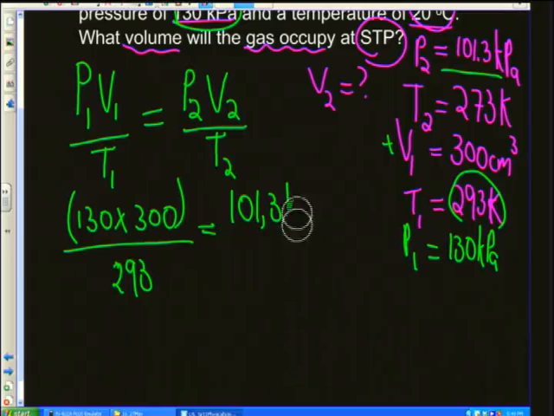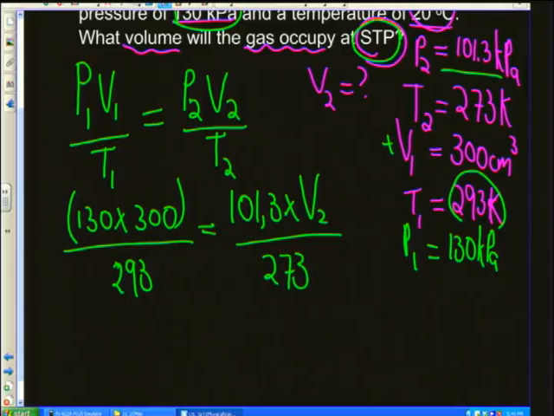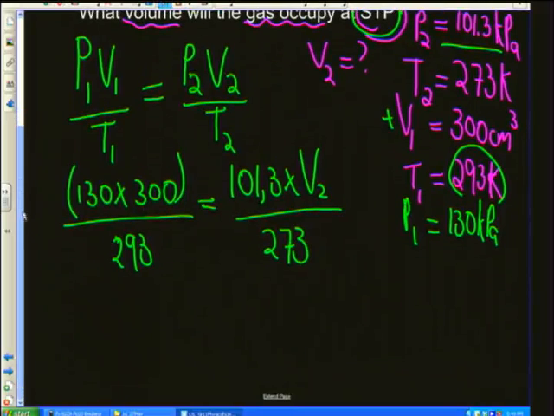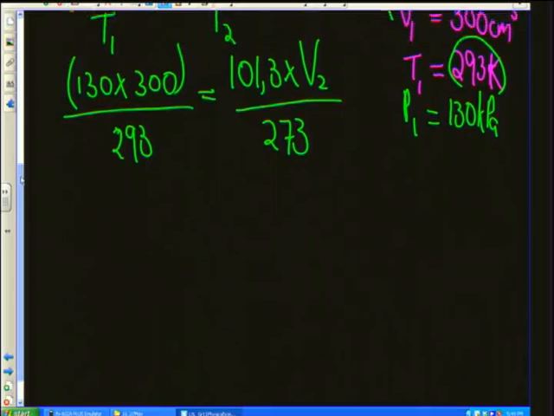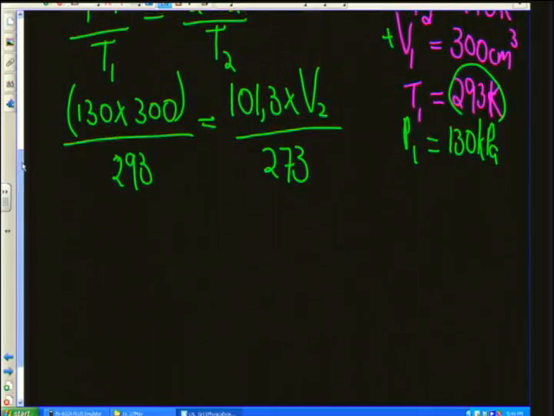We don't have to put the units for now. Then V2 is what I am looking for, and temperature 2 is the standard temperature, which is 273, or what we call 0 degrees. Then we can work it out.